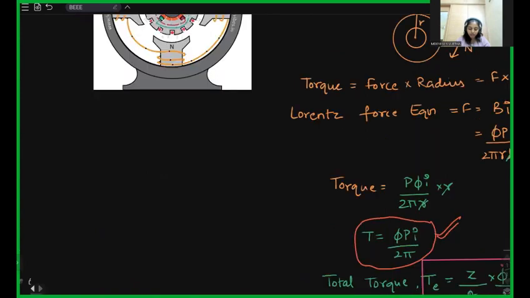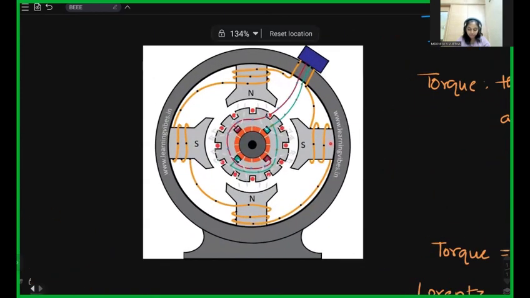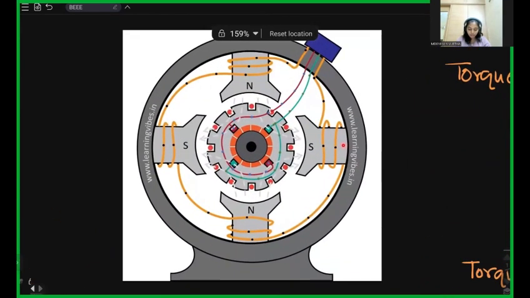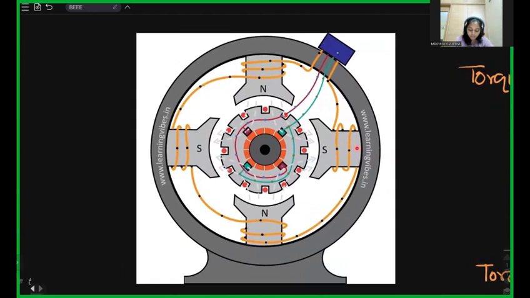So what are conductors and parallel paths? Let us look at a diagram of a DC machine. In this diagram, there is a terminal here, and there are windings all over this. The middle part is called the armature.